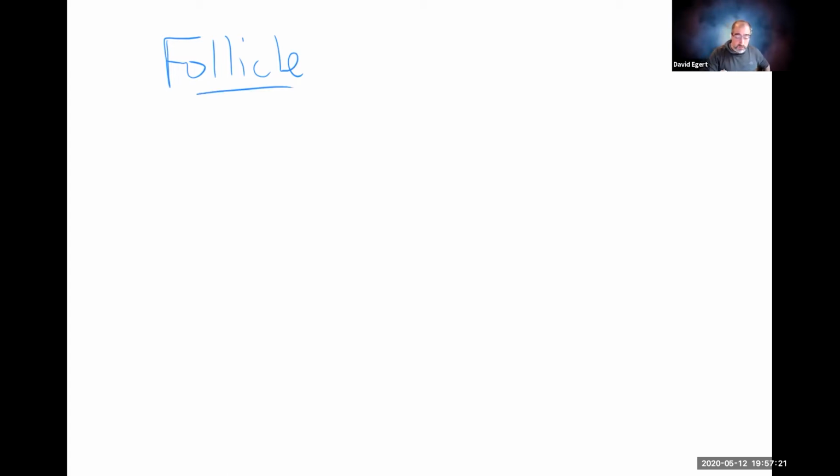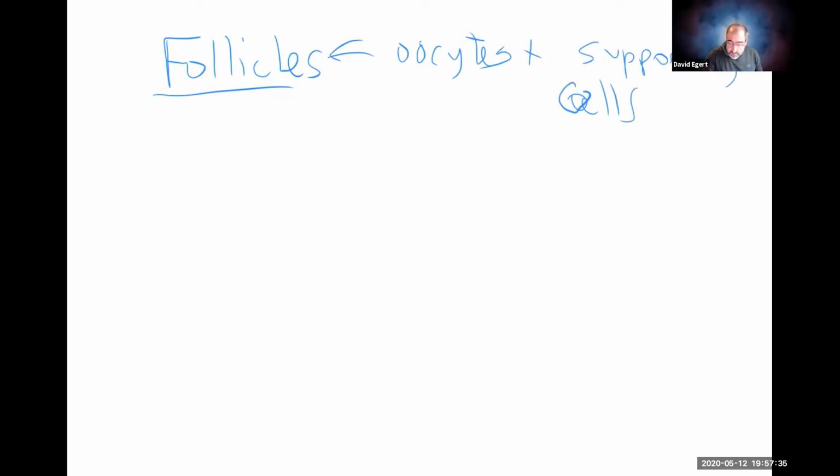So, the follicle. This is the ovum or oocyte and supporting cells. When you are born, we have what are called primordial follicles.